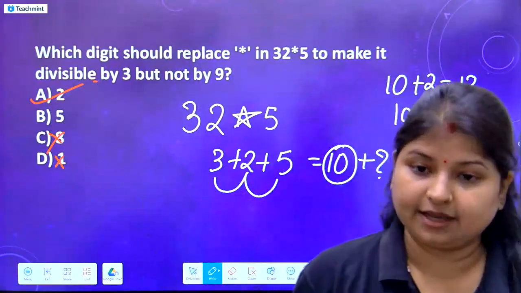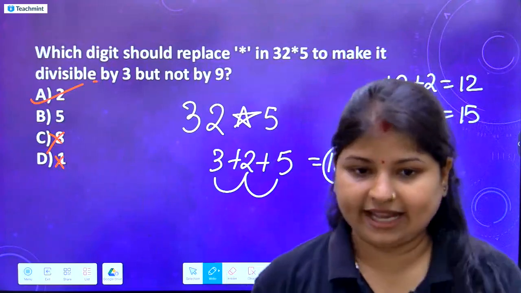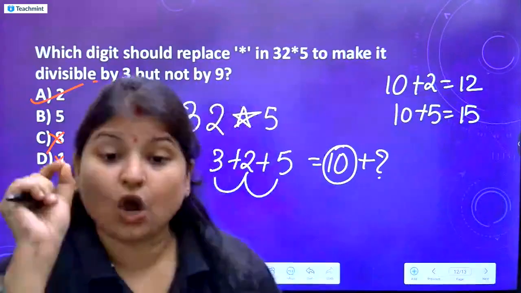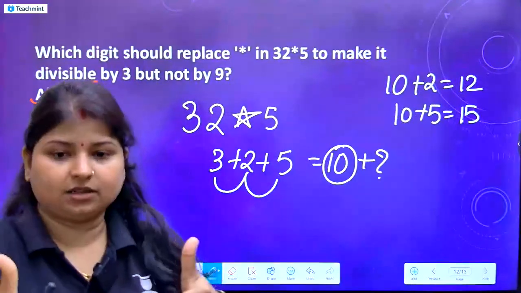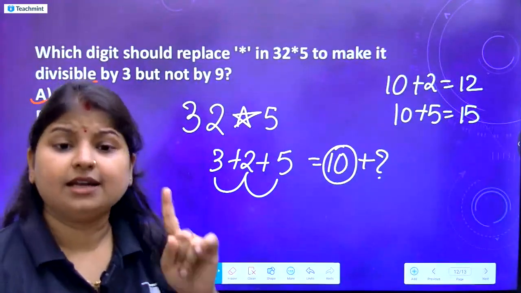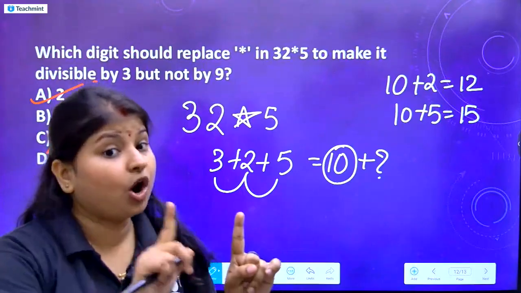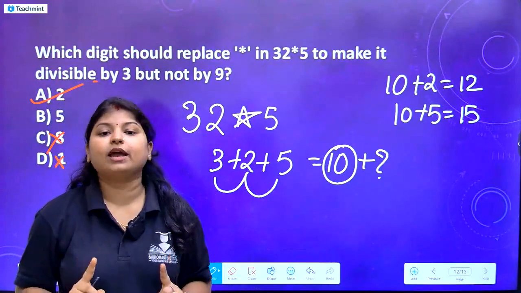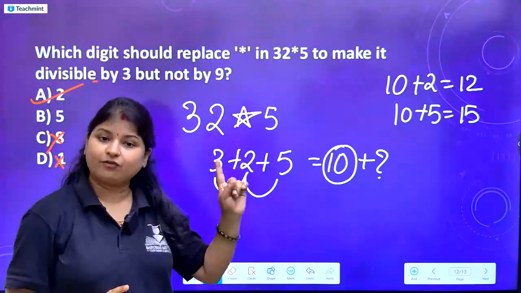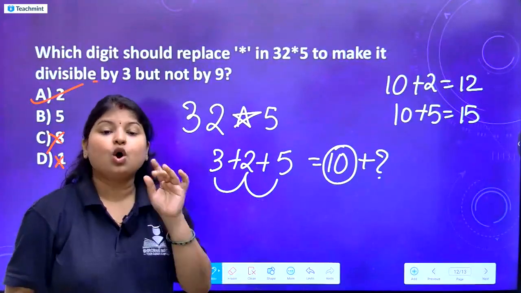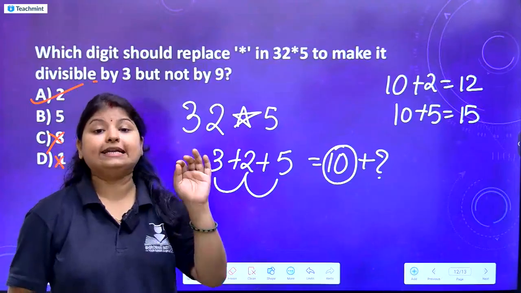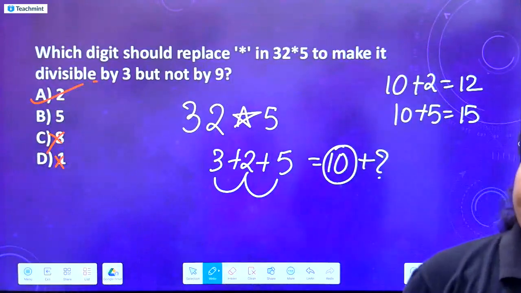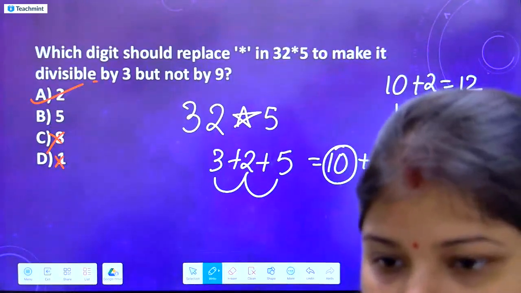This can be your answer. If you mark 15, 10 plus 5, yes, you are right in your head. You are correct that, ma'am, 10 plus 5, 15, divisible by 3, not by 9. But always remember, if you have this type of question and option, always go for the lesser value. Okay, lesser value.